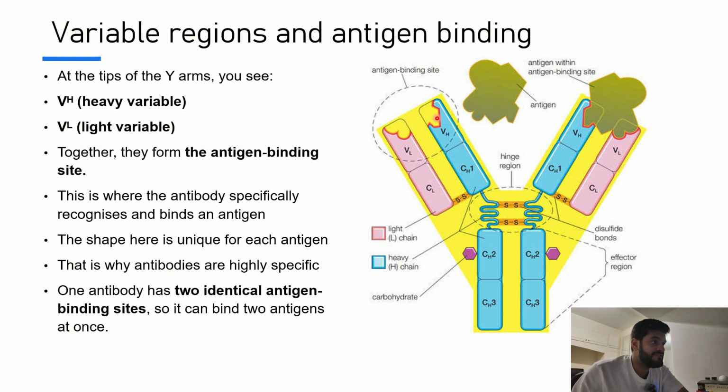So as you can see on the diagram, this antigen binding site and the other antigen binding site on the same antibody are identical, but this won't be identical in any other antibody. One important thing here is that the constant region just doesn't change. That's why it's called constant region.